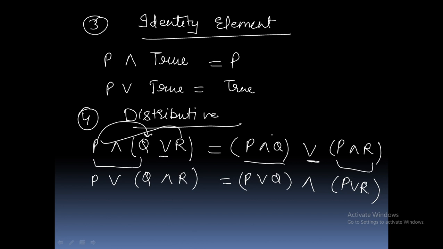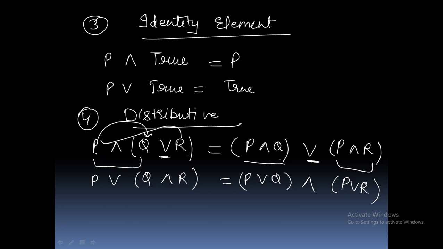In this case, we distribute in this method. We have given P and (Q or R). We multiply P with Q and write it in the first bracket as P and Q. Then we write the symbol which is given in the bracket, that is OR, outside of this bracket.